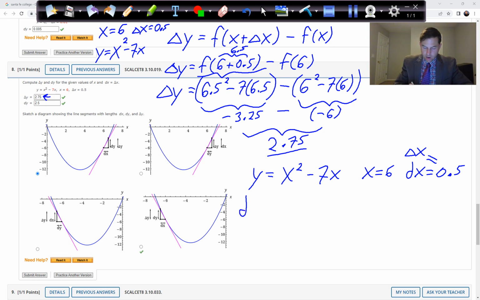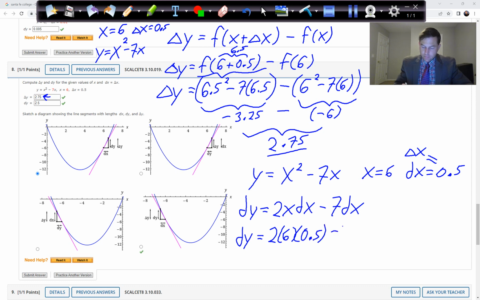So dy would be 2x dx minus 7 dx. And when we plug in what we know, x is 6, dx is 0.5, minus 7 times dx, which is 0.5, we get 6, which is half of 12, and 3.5, which is half of 7. So it equals 2.5.